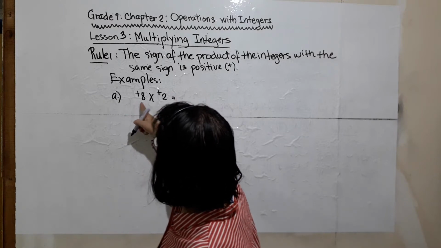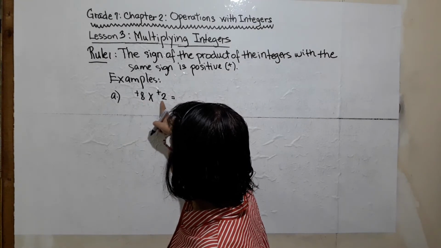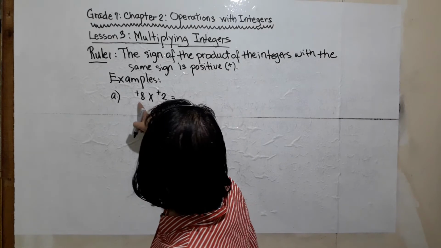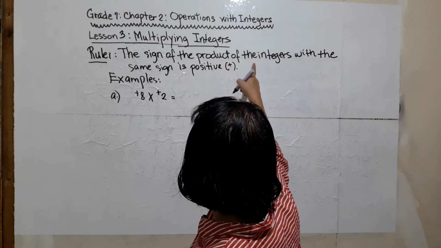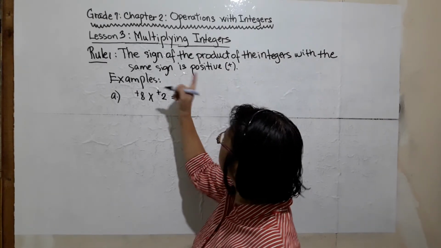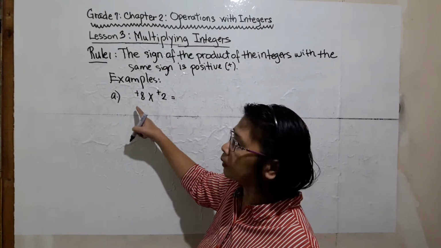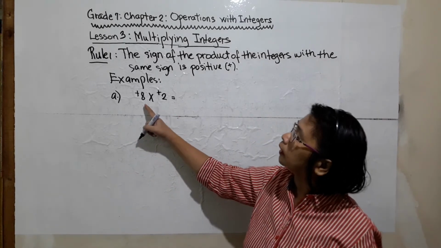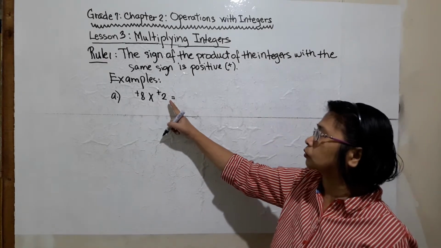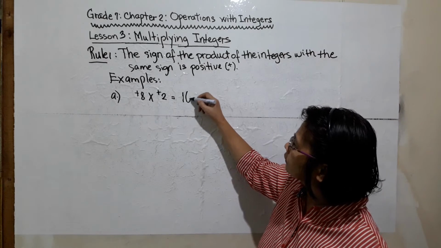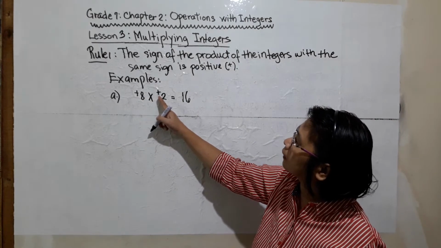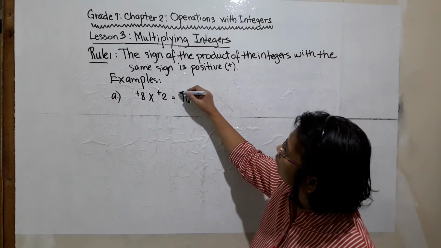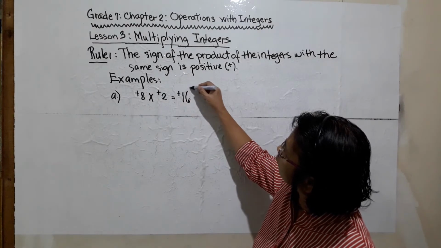So, the factors have the same sign. According to the rule, the sign of the product of the integers with the same sign is positive. So, multiply first the numbers. 8 times 2 is 16. Since both signs are positive, they are the same, so the sign of the product is positive.